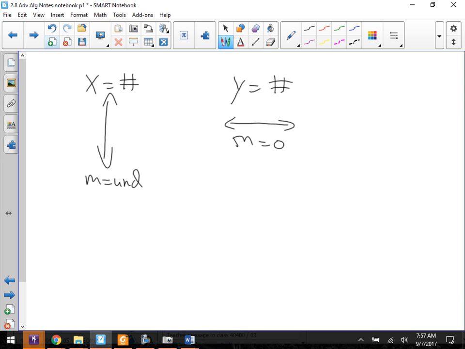Horizontal lines and vertical lines are what to each other? Perpendicular to each other, which means they have opposite reciprocal slopes. Which is fine, because the opposite reciprocal of 0 would be 1 over 0, which is undefined. And it's okay. I know it's a lot. I'm hoping that you're going to be okay with this extra bit of information. I'm trusting that you're going to be just fine. If not, it's okay.